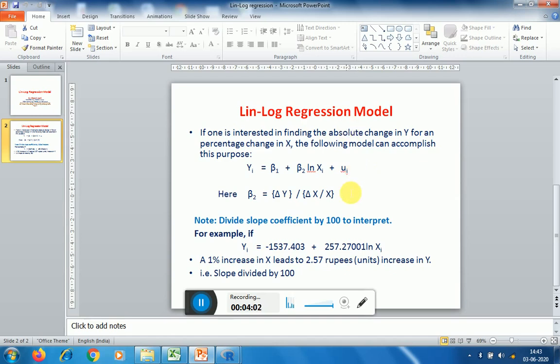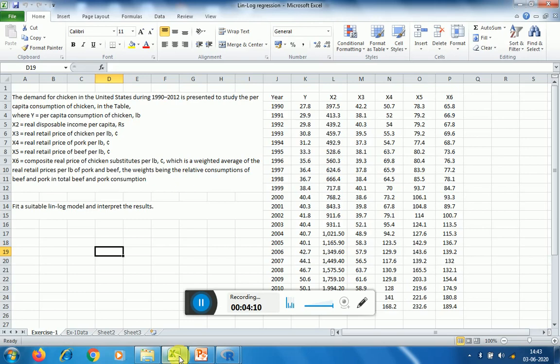Now we will see the example of how to fit such a linear log regression model. Let us consider this Excel sheet, in which there is data available. The example is the demand for chicken in United States during 1990 to 2012, presented to study the per capita consumption of chicken.